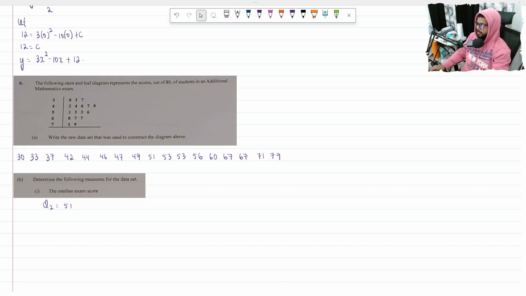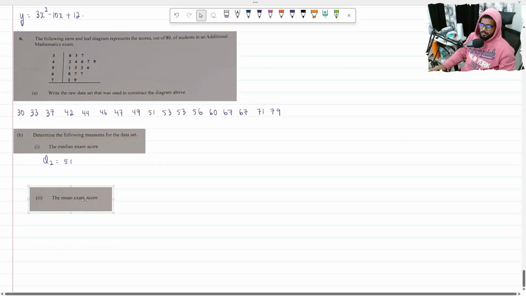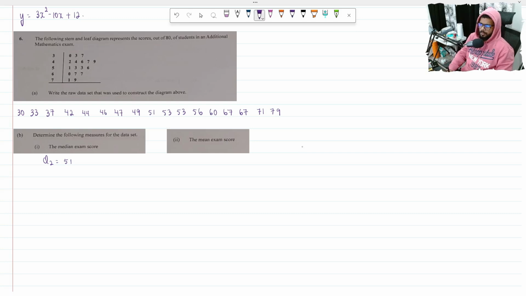The mean exam score: add up everything, right? This shouldn't take too much working. Mean x bar is equal to the sum of all the x values divided by n.